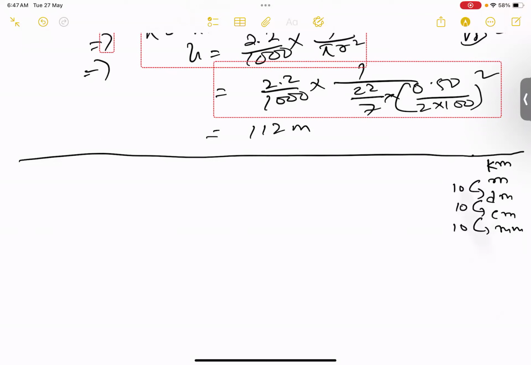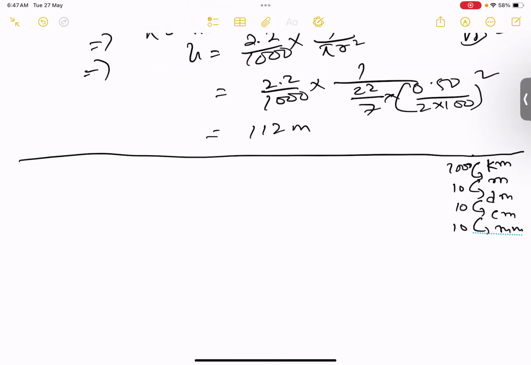So 1 kilometer is 1000 meter. 1 meter is equal to 10 decimeter. 1 decimeter is equal to 10 centimeter, and 1 centimeter is equal to 10 millimeter. So this is the conversion of the units.